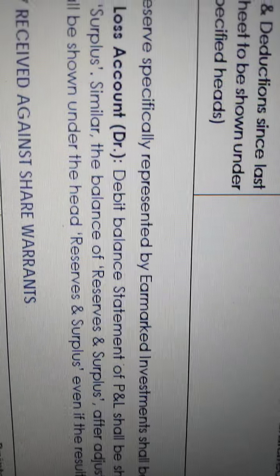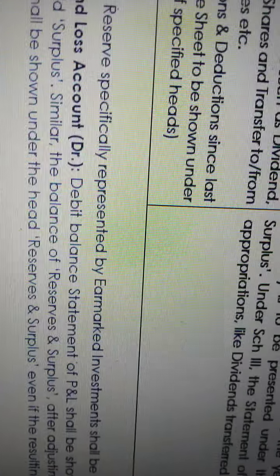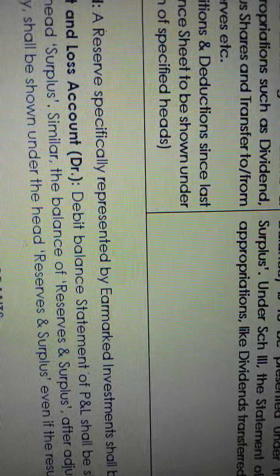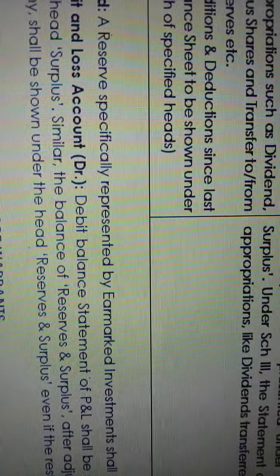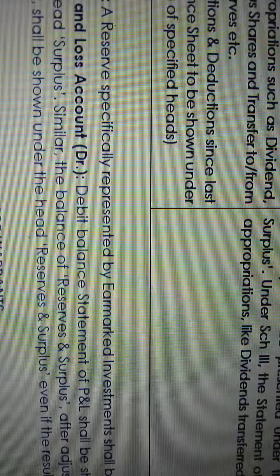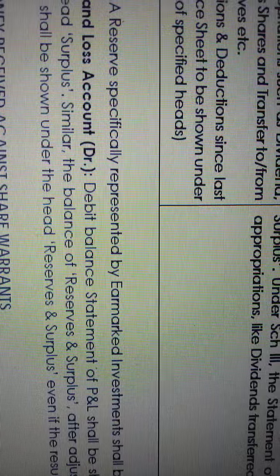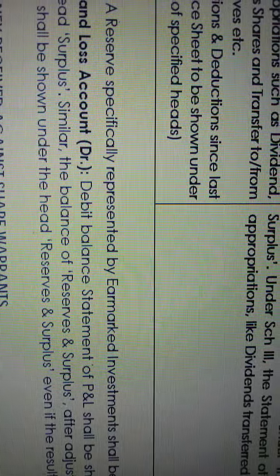As per this recommendation, what should I do? I have to present on my liability side reserves and surplus: 1000 minus 200 P&L debit balance equals net reserves and surplus of 800 rupees.